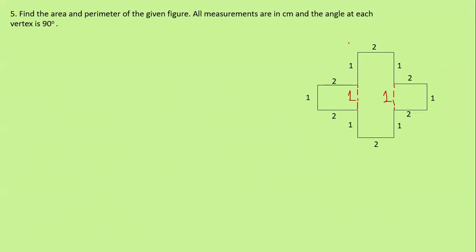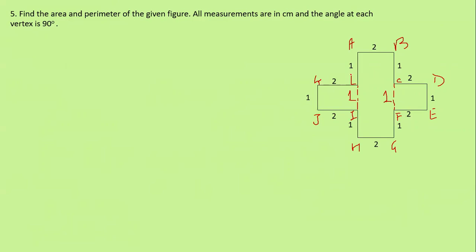ठीक है? So let's name them A, B, C, D, E, F, G, H, I, J, K, L. ठीक है?